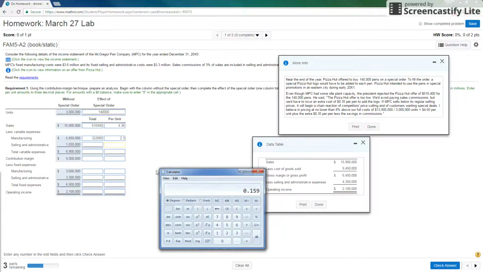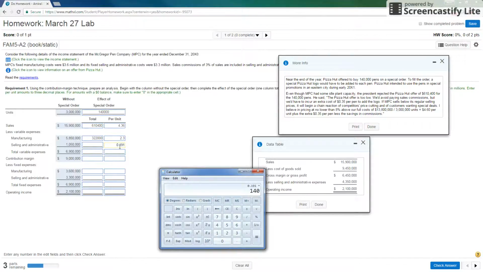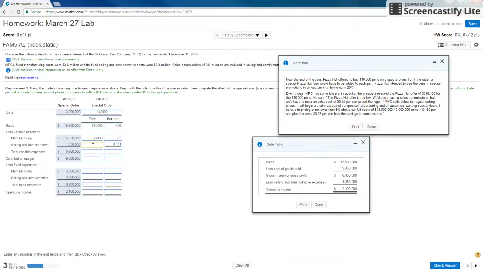So the variable cost was 35 cents minus this number. This is your new variable cost because you don't pay the commission anymore. Now I have to multiply by 140,000, so you get 26,740.